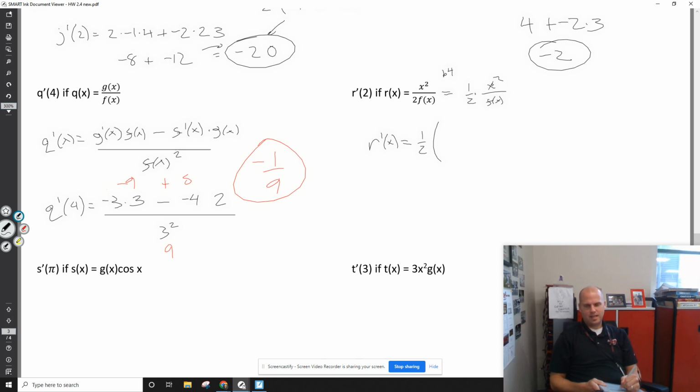Leaving the 1/2 out, taking the derivative of this quotient, using the quotient rule: derivative of the top times the bottom, minus the derivative of the bottom times the top, all over the bottom squared.